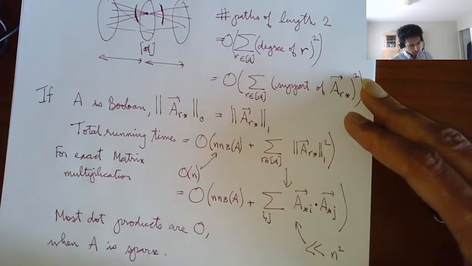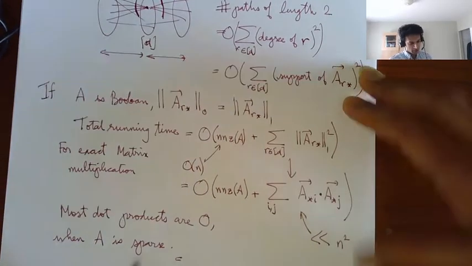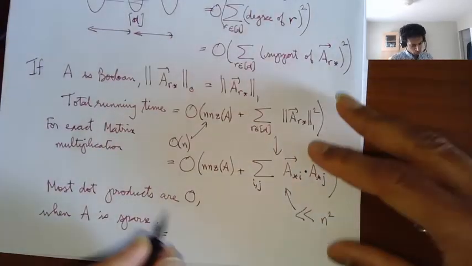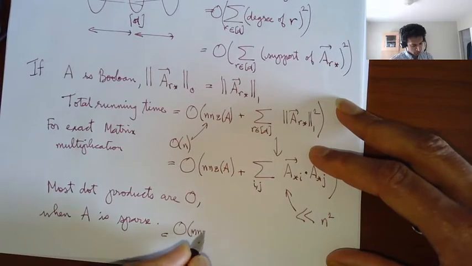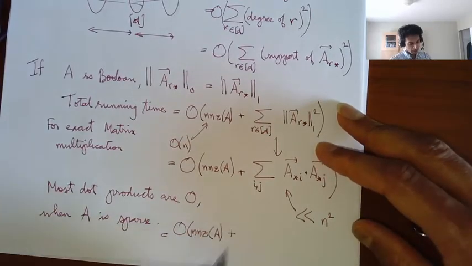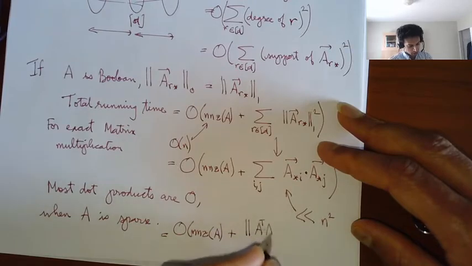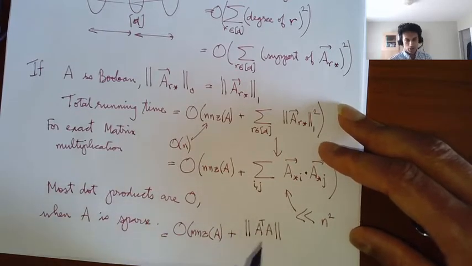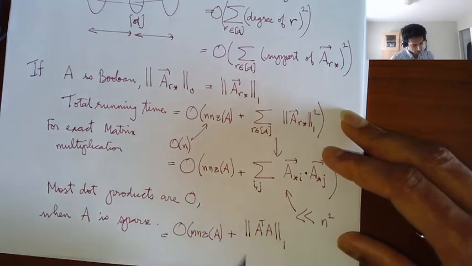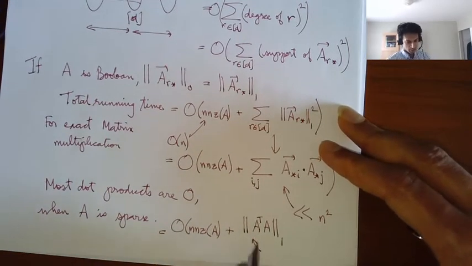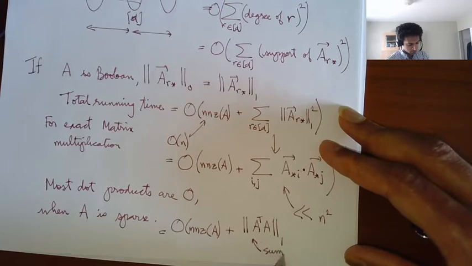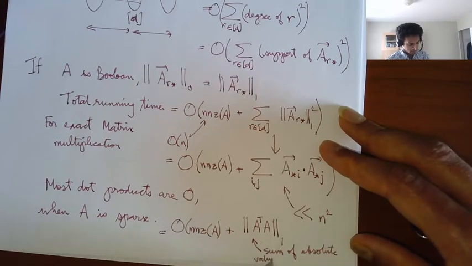And so I'm going to write this out in a somewhat more convenient form, which is O of nnz of A plus A transpose A. I'm going to use a norm notation here, but what I simply mean is the sum of absolute values of entries.